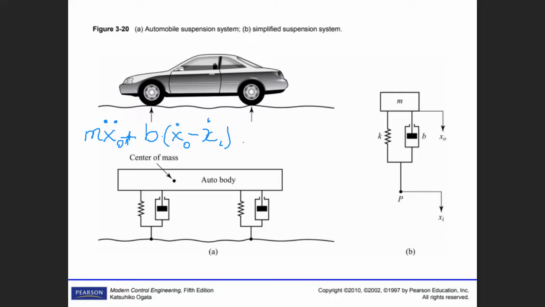So that means m d square xo dt plus b dxo dt minus b dxi dt plus k times xo minus xi. There is no additional force, therefore it's equal to 0. So that is the equation we have.